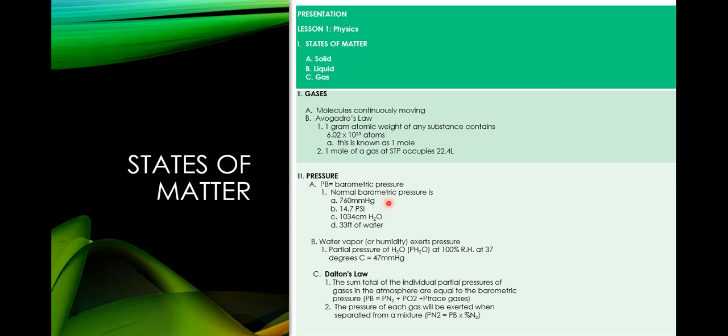So at 33 feet of water, you're feeling about one barometric pressure. 2 atmospheres will be 66 feet of water, right? And then 3 atmospheres, of course, will be 99 feet of water, I'm sorry.